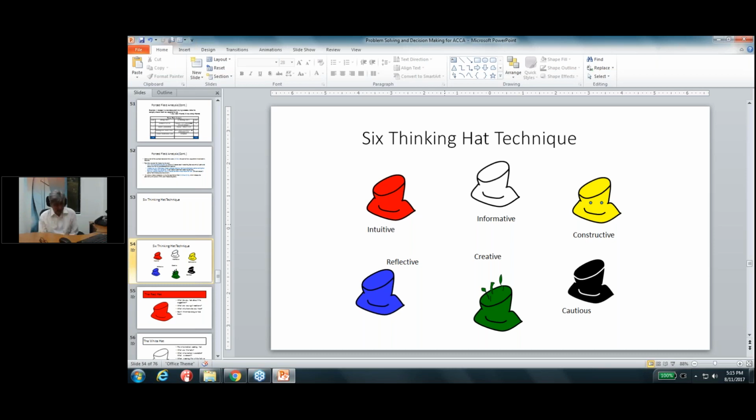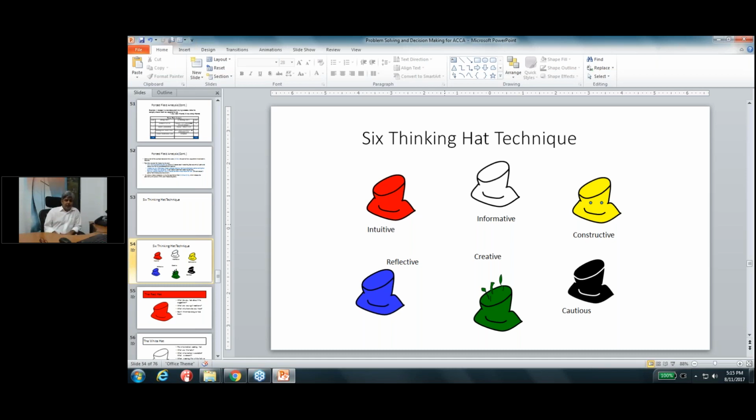This is the technique developed by Edward de Bono, one of the psychologists famous for this particular technique. Whenever we have a problem, we tend to think in a different way.